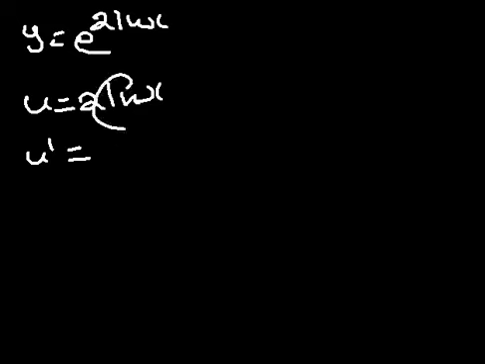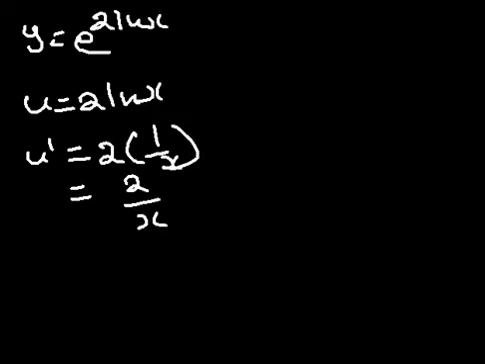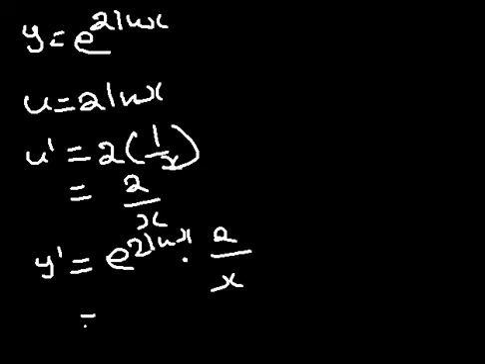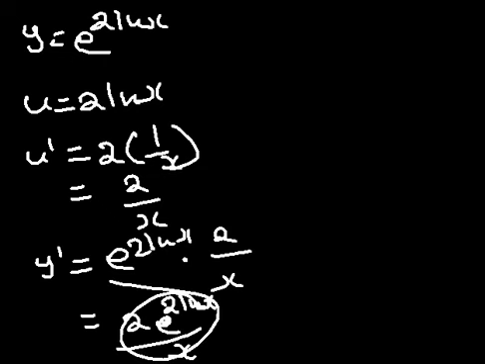This is the natural log function, so it will be 2 times 1 over x, because the derivative of ln x is 1 over x. Now we have 2 over x. So y prime is equal to e to the power 2 ln x times 2 over x, which is the same as 2 e to the power 2 ln x over x. So that is the same as that.